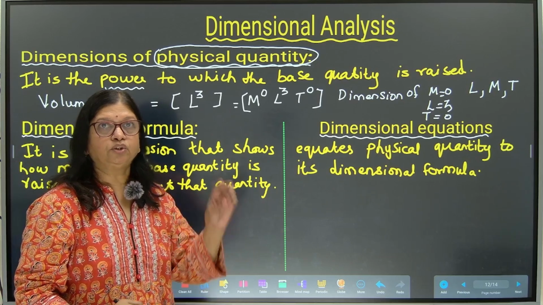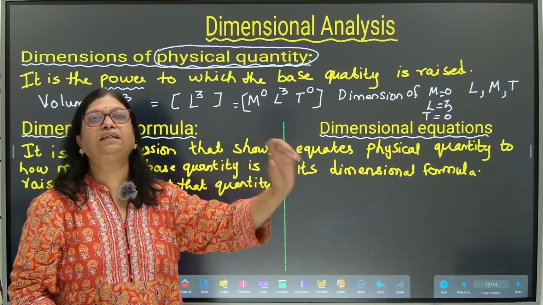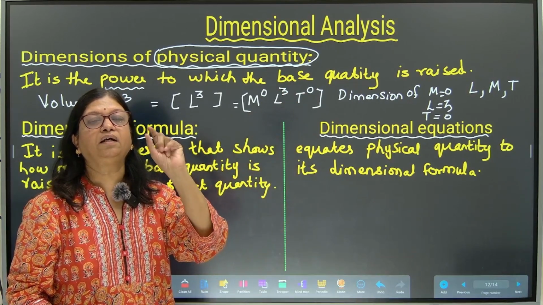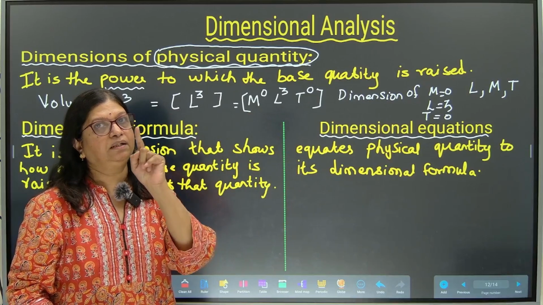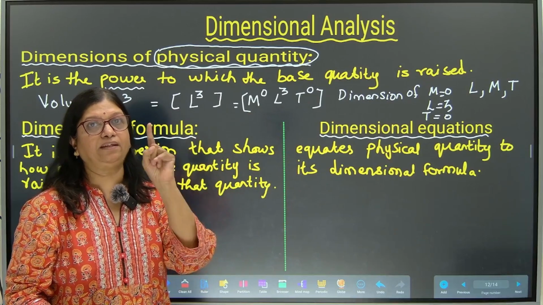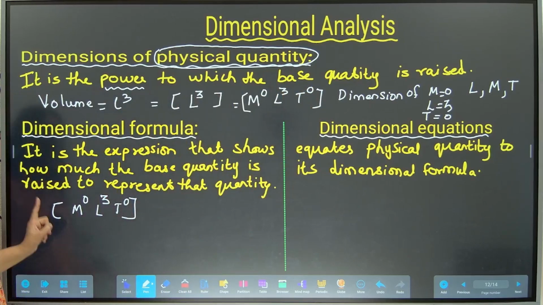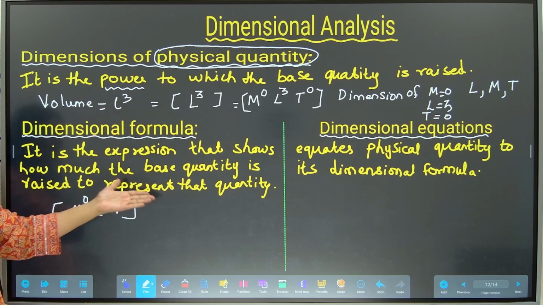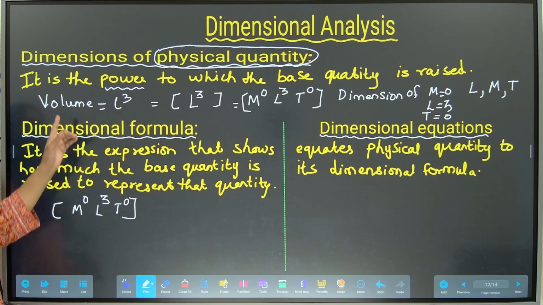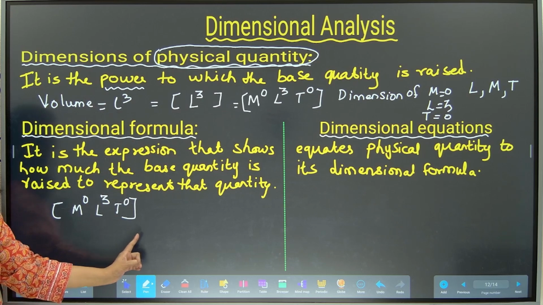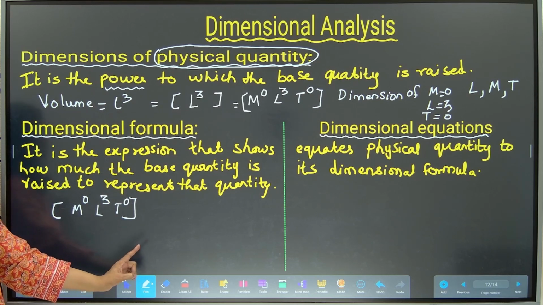Clear? So 0, 3 and 0 are the powers to which the base quantity is raised. That's why they are the respective dimensions. When we express how much the base quantity is raised to represent this quantity of volume, this is called a dimensional formula.